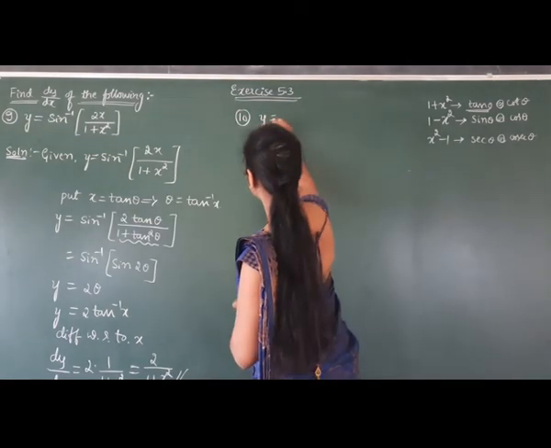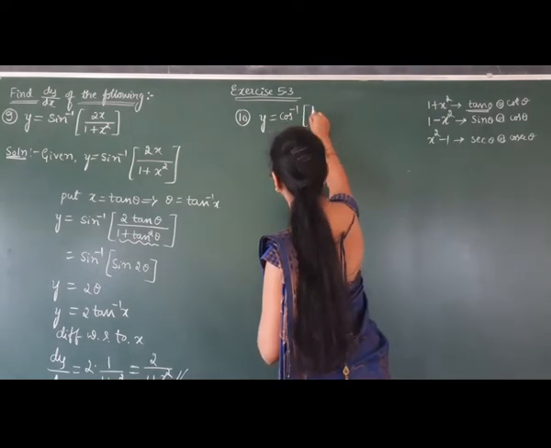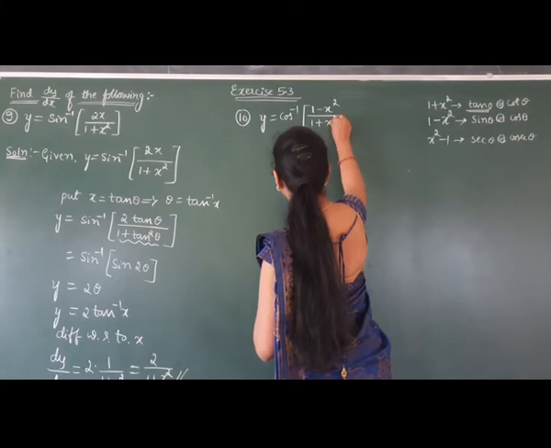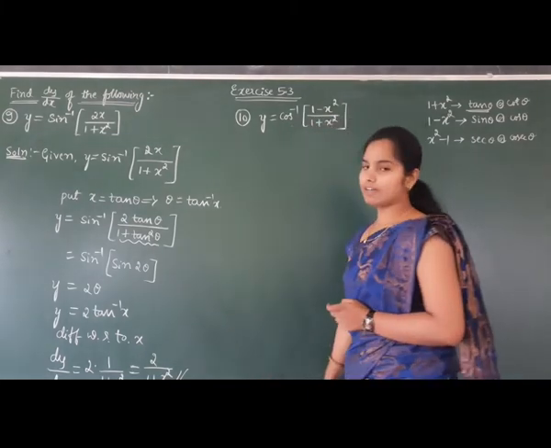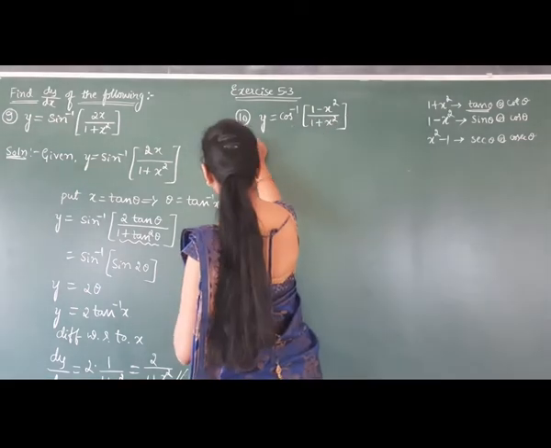y is equal to cos inverse of 1 minus x square divided by 1 plus x square. So solution.